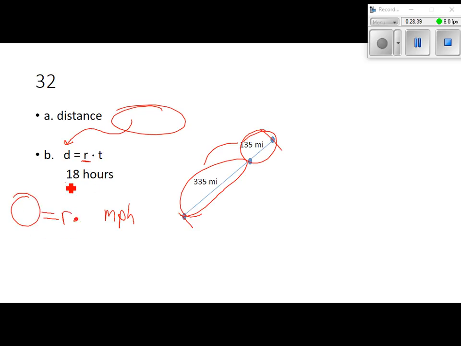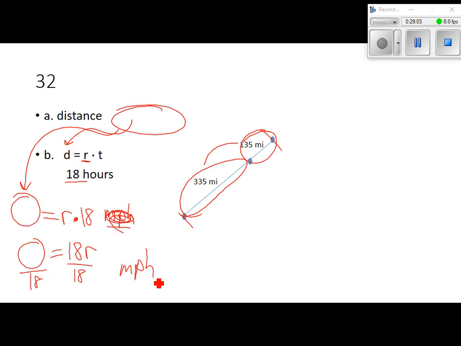The time they told us was 18 hours. So if you turn this around and say 18 times R equals whatever that distance is that you got from up there, then all you have to do is divide both sides by 18, and that's going to tell you how fast the ship was going in miles per hour. So your answer down here would be in miles per hour.